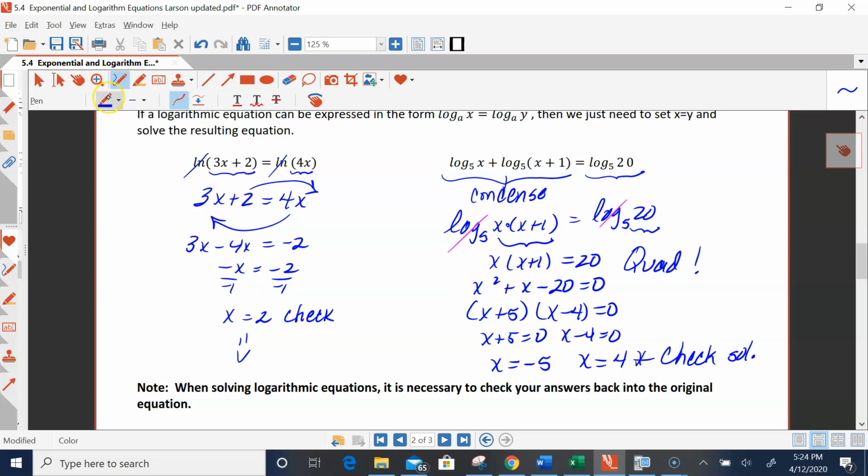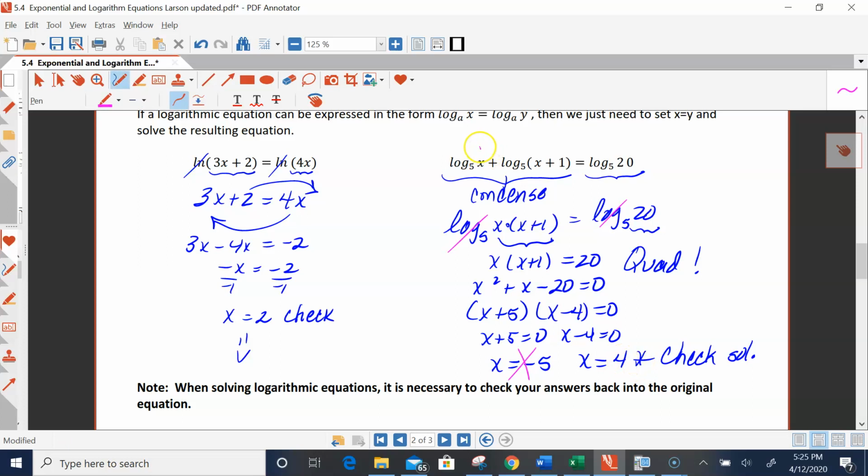What would happen if I put a negative 5 for that x and a negative 5 for that x? I would end up taking the log of a negative number, which is impossible because of the domain of a logarithm. So by inspecting x equal negative 5, I see that one won't work because I end up taking the log of a negative number. Okay, so it's out.